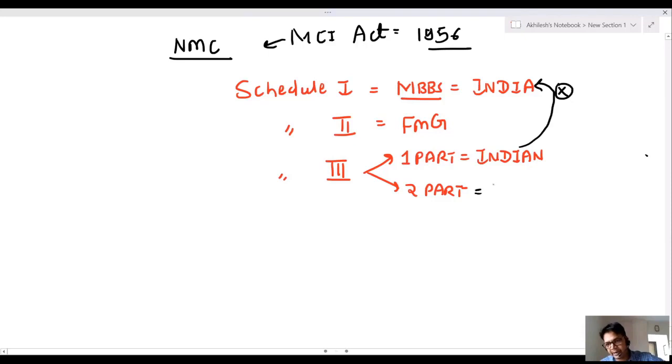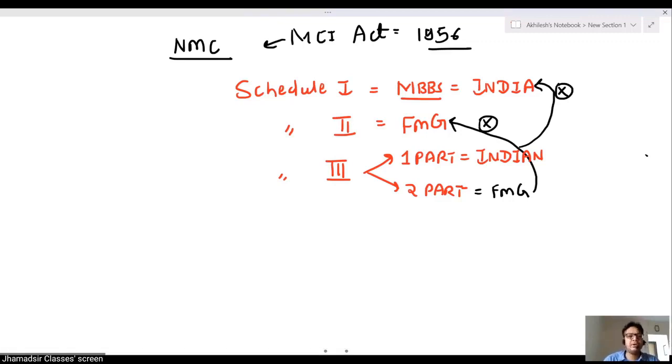And the second part is foreign medical graduates who are not coming under Schedule 2. Means some foreign medical graduates who are not part of 2, and some Indian graduates who are not part of 1, come under the third schedule.